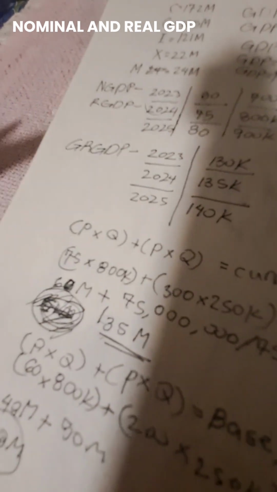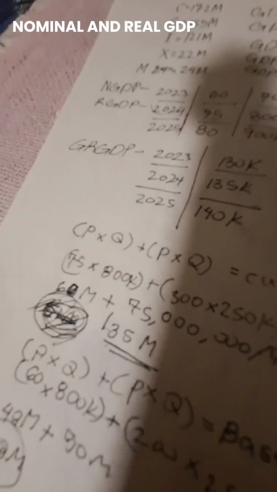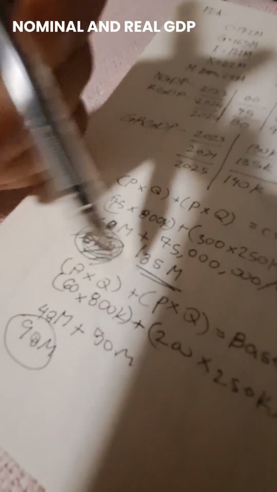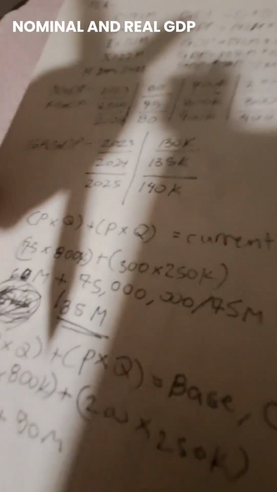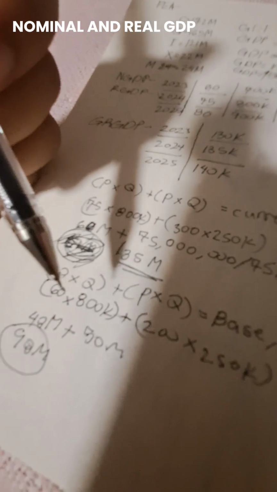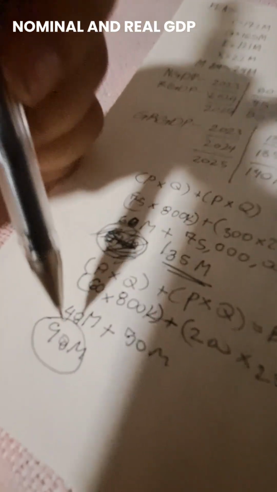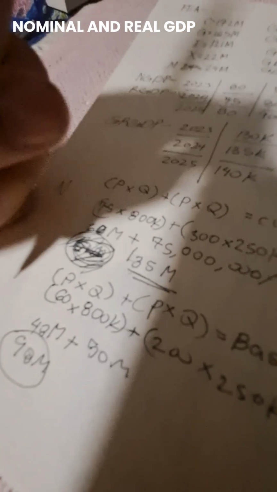So again, 135 million and 98 million for the real, and this is for the nominal. Remember, this is nominal, this is real. Nominal uses only the current, while real uses base and current.